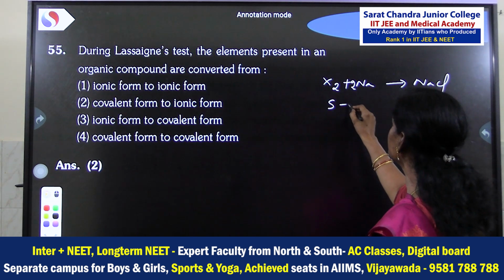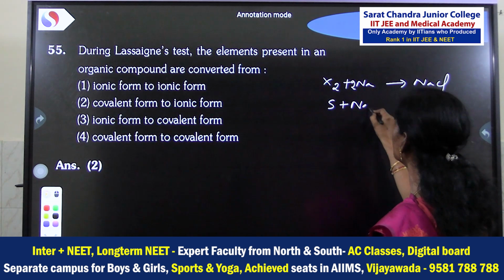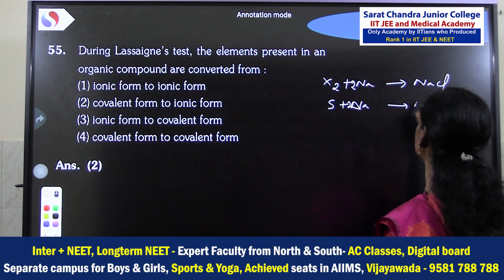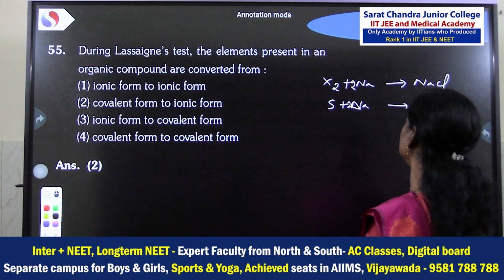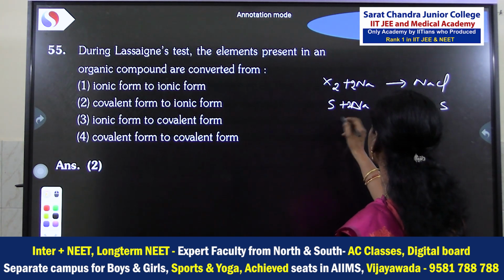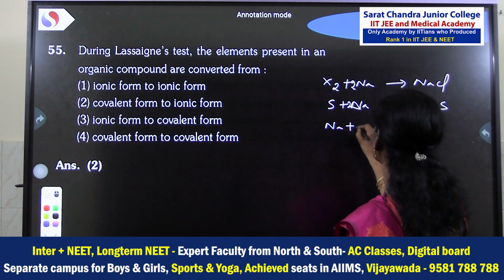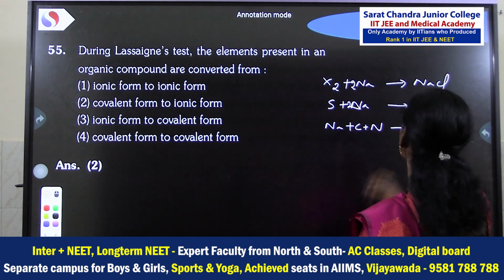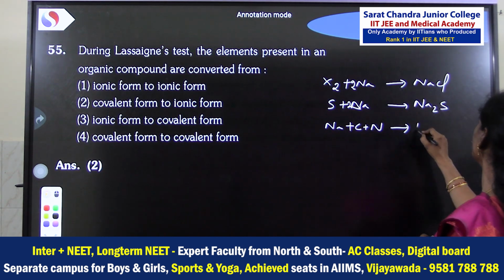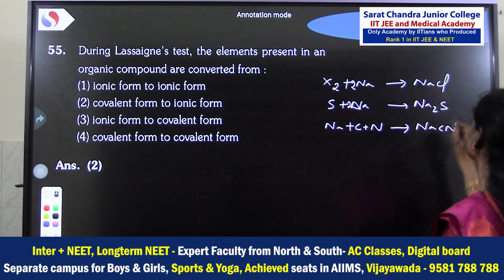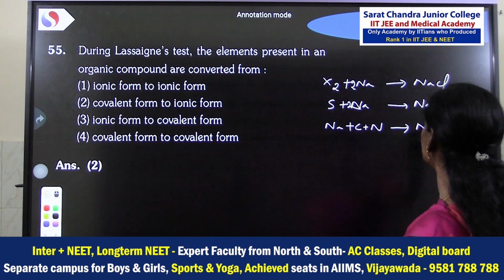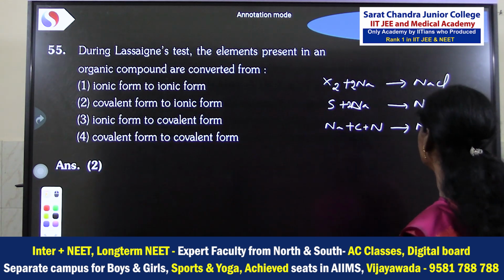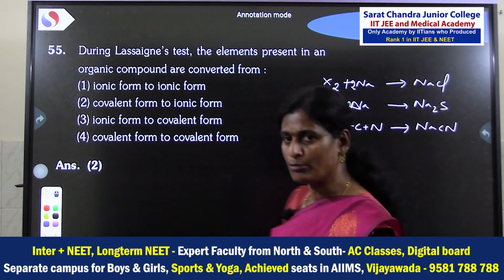If sulfur is present, that combines with sodium metal and forms sodium sulfide. Similarly, if nitrogen is present, it combines with sodium metal and forms sodium cyanide. So, these are ionic compounds. Sodium chloride, sodium sulfide or sodium cyanide, these are ionic compounds.